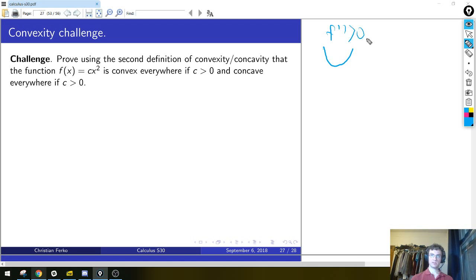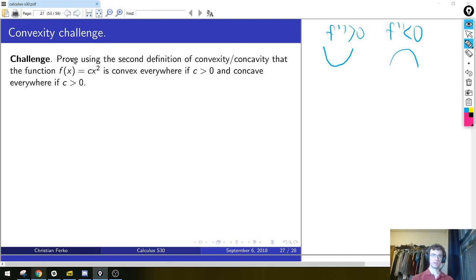So it seems like the function which opens up has positive second derivative and is convex, and the function which opens down has negative second derivative and is concave. That's the guess. So we're actually going to prove that with the definition now, for a parabola at least, not for anything more general.